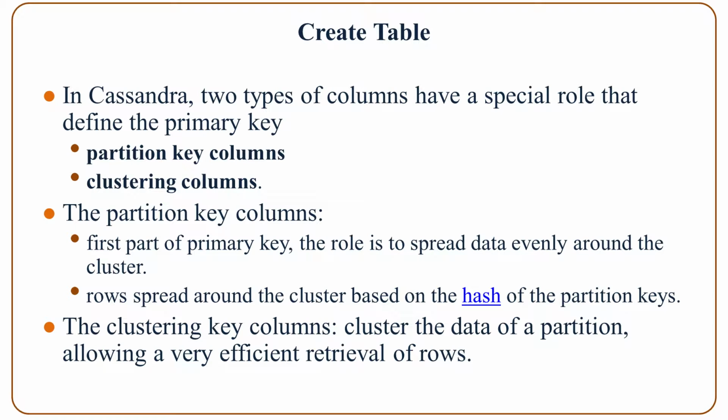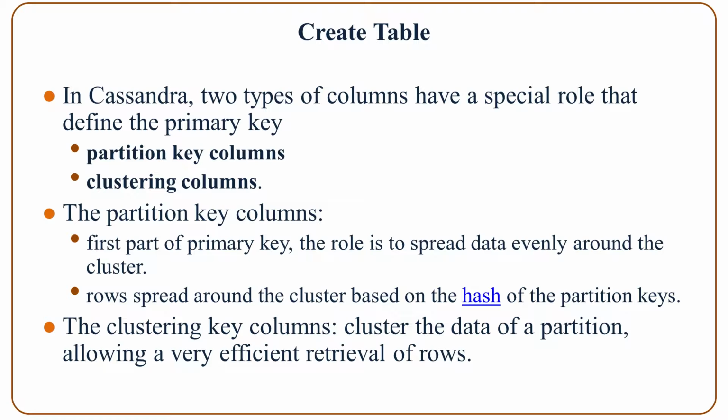In Cassandra, two types of columns have a special role that define the primary key: the partition key columns and clustering columns.